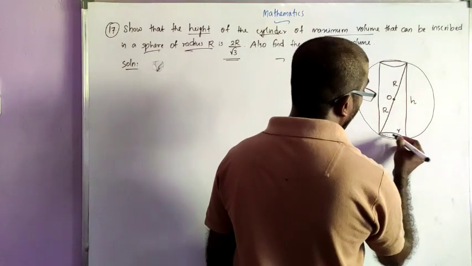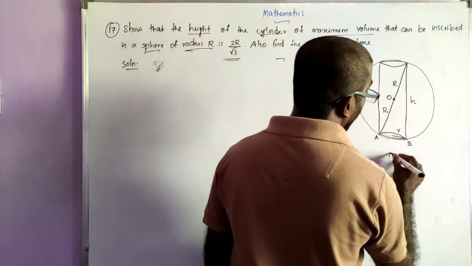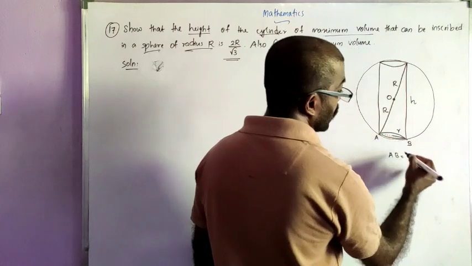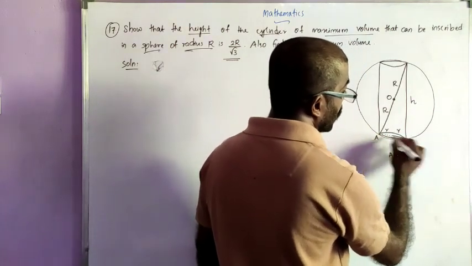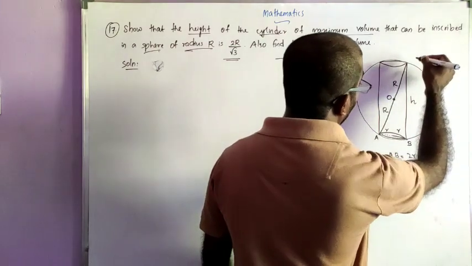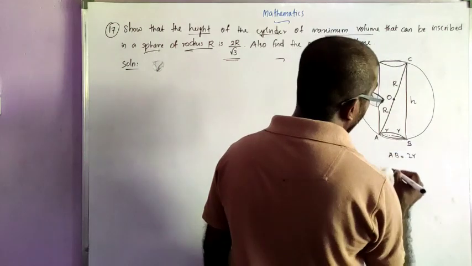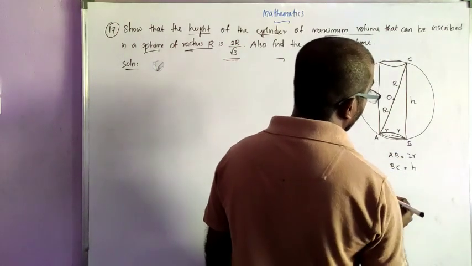So if we mark A and B, the length AB will be r plus r. Since r is the radius of the cylinder, AB is the diameter, 2r. And here we can mark C. BC is the height of the cylinder, let it be h.